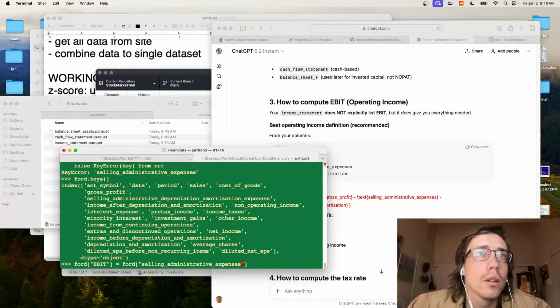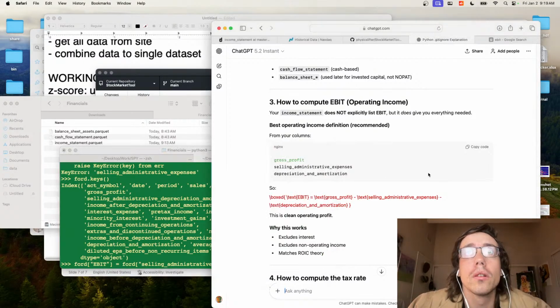Selling administrative expenses is not a column. Here are the column names.